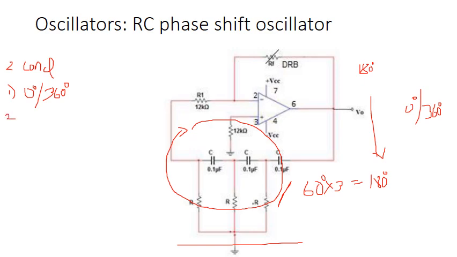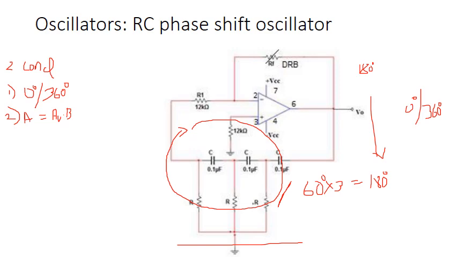Second condition is the closed loop gain A around the loop is equal to AV, the gain of the op-amp, into B, or the attenuation of the feedback network.